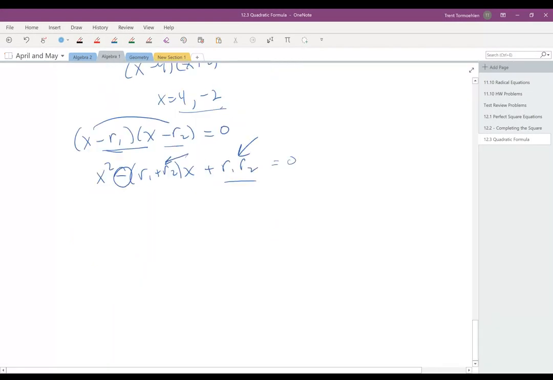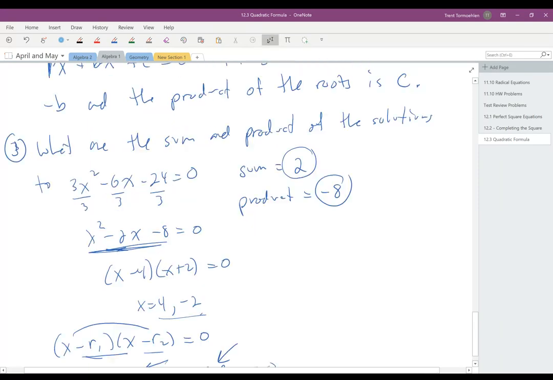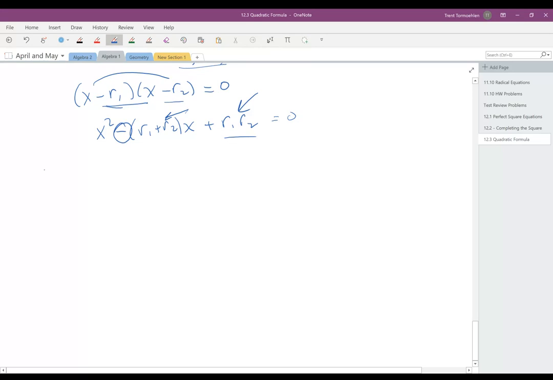The classic example of a problem that involves Vieta's is to do this.